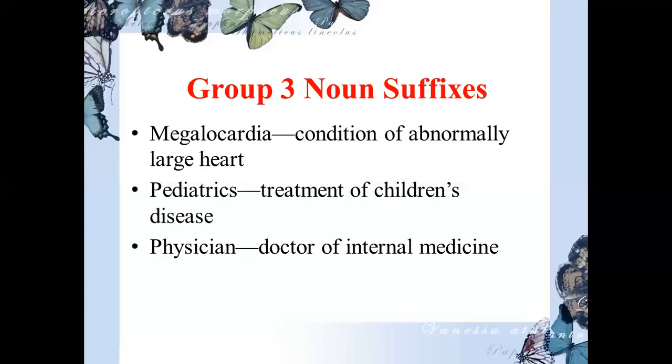And this condition is congenital, which means the condition exists at birth. It's not an acquired condition. You can find this definition on my PPT. Megalocardia, condition of abnormally large heart.